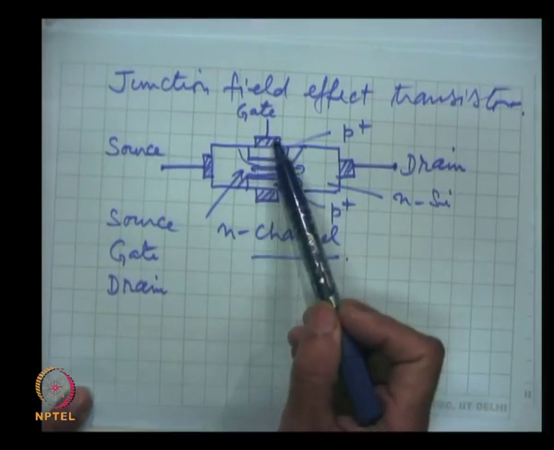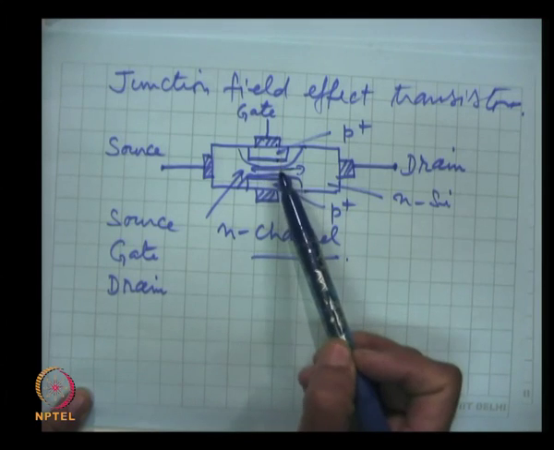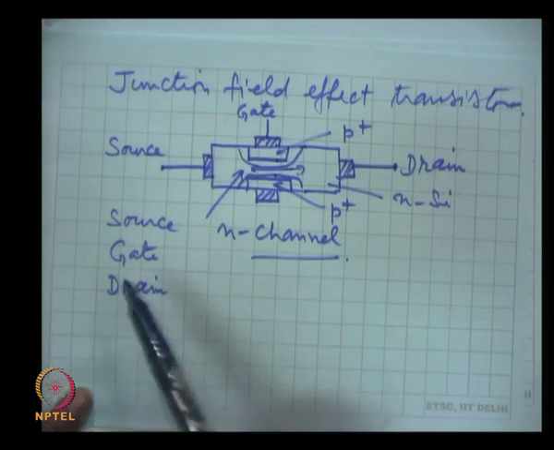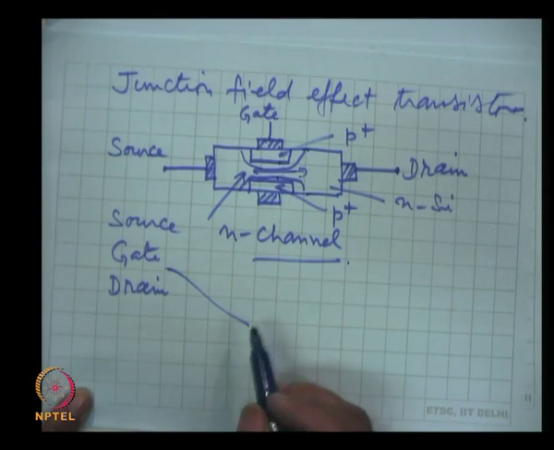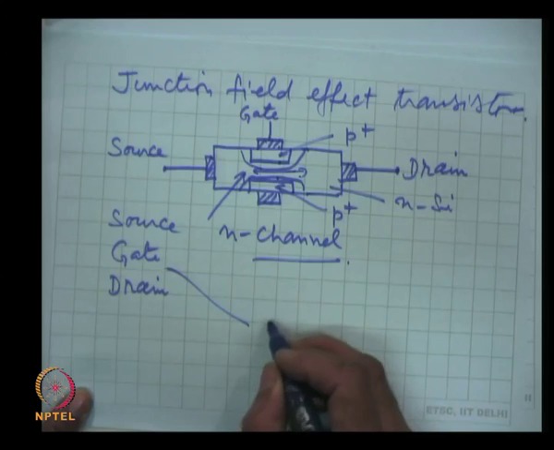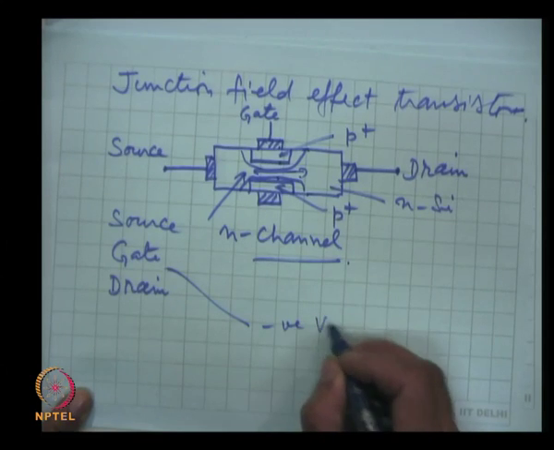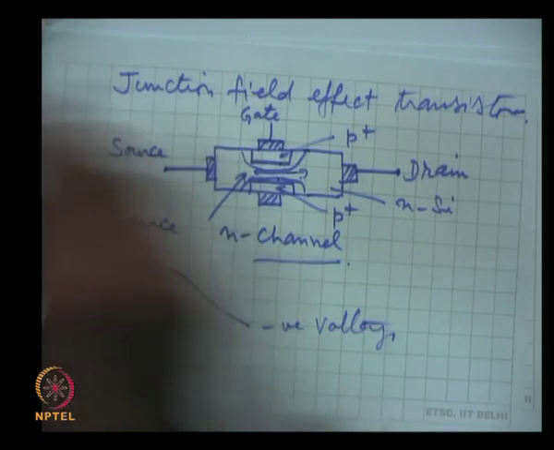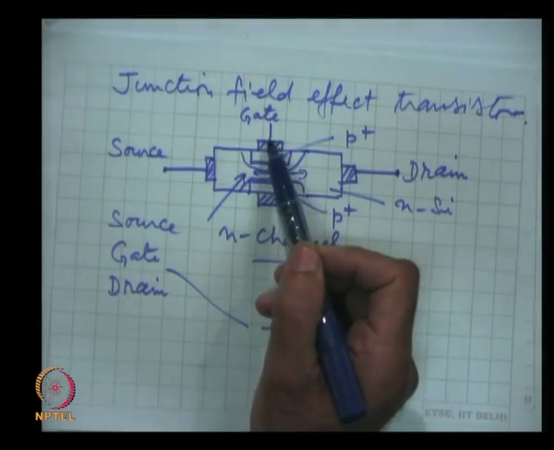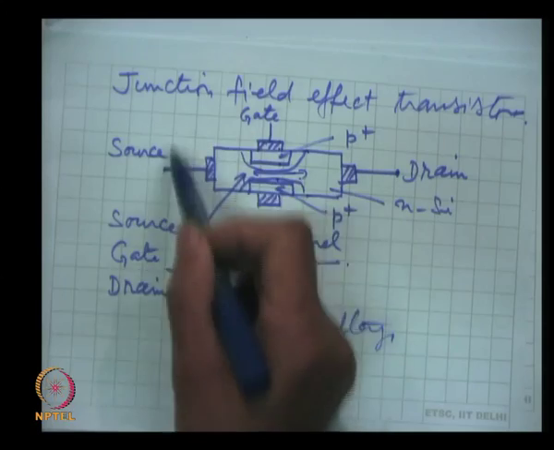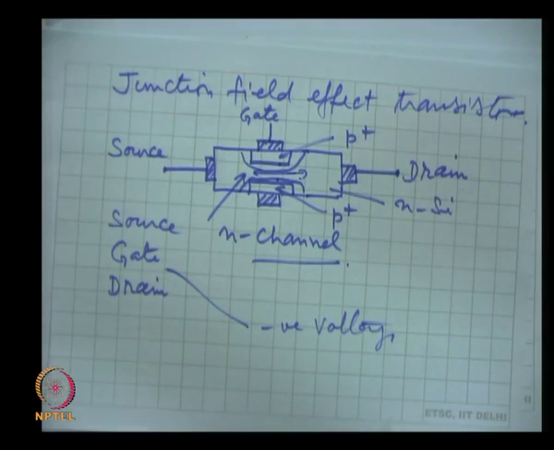This is the gate, this was P type material, this is N, and we have said that the gate in the N type JFET is always operated with a negative voltage, and we draw the characteristics where the gate source voltage is negative, more negative, more negative, and so on, because making it positive will make the junction forward bias, a lot of current will flow and a different phenomenon will occur and create problems.